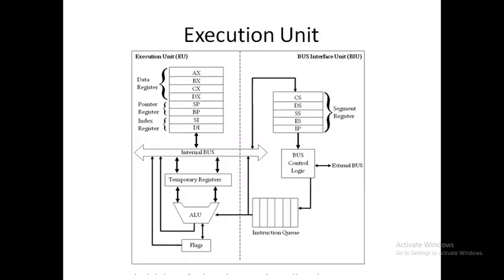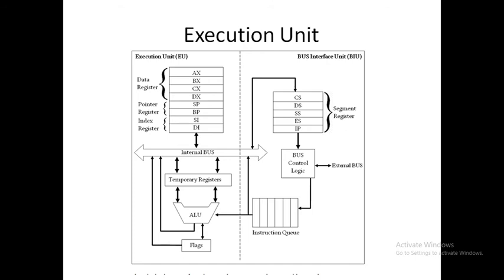Now move to the index registers, that is after DX come SP, BP, SI and DI. SP stands for stack pointer, BP is base pointer, SI source index and DI destination index.